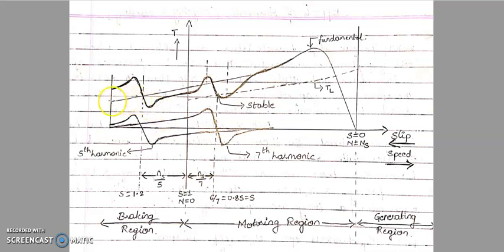So like I said earlier, this was supposed to be your slip torque characteristics or torque slip characteristics, and actually in practice we don't find such things. The reason is the addition of harmonics to the fundamental waveform, both fifth as well as seventh harmonic.